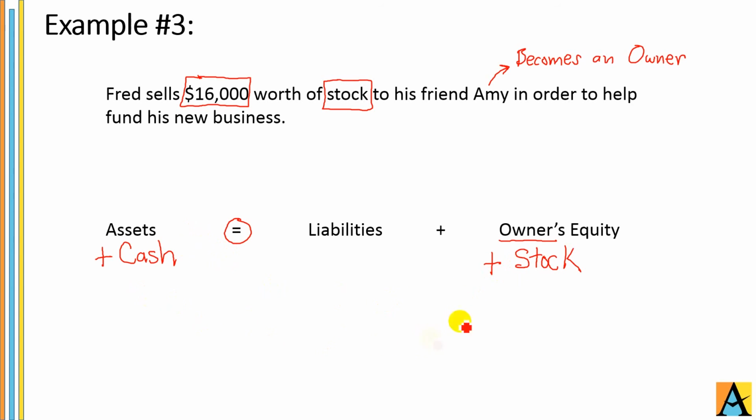We both had an increase. Therefore, we're still balancing and life is still good here in accounting. Now, if you wanted to also put in the amounts, you could put in the 16,000 cash, 16,000 stock. That would be the amount of her worth of the company. And therefore, we would still be able to see and classify everything that has happened.